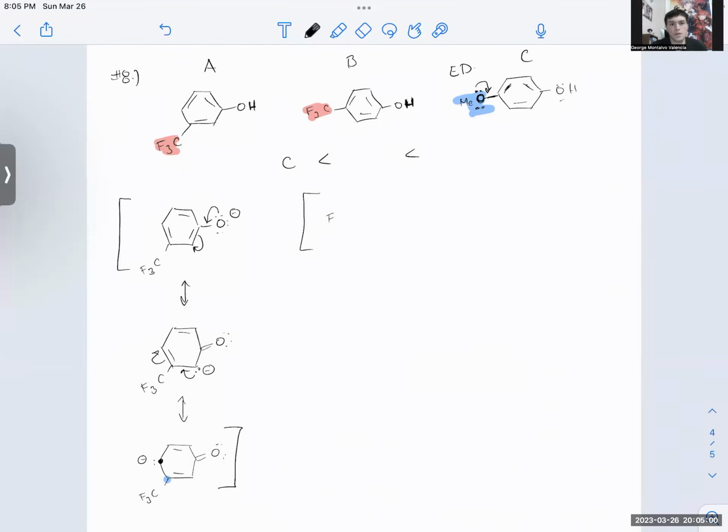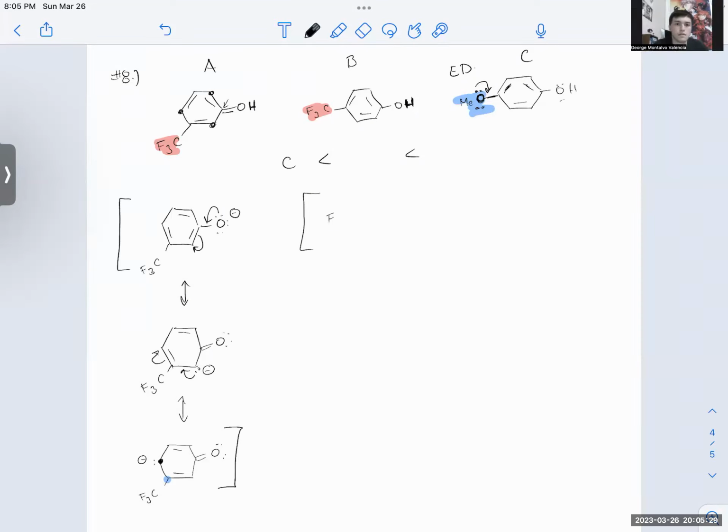Kristen, is there a trick so you won't have to draw the resonance structures to know where the electrons would go? Since it looks like there is a pattern, like it skips one and then goes to the next one. Yeah, so it would go over, it would go over, it would go over. The electrons are not going to go directly onto this carbon because this would be the double bond, right?